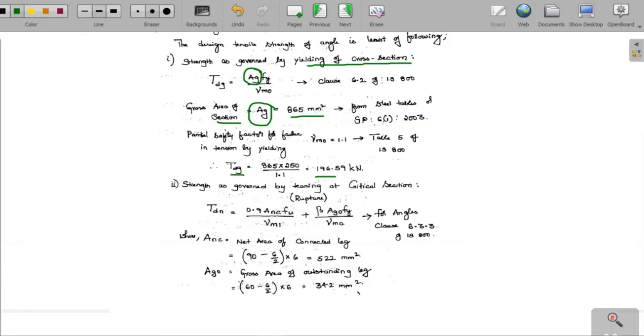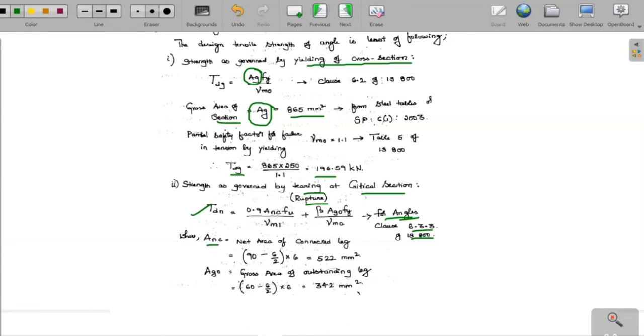Now the second one is strength as governed by tearing or rupture at the critical section. Since this is an angle section, we have to follow clause 6.3.3 of IS 800. And this is that expression. In the previous problem, we used Tdn as 0.9 An fu by gamma m1. That expression is for a plate and this expression is for an angle section.